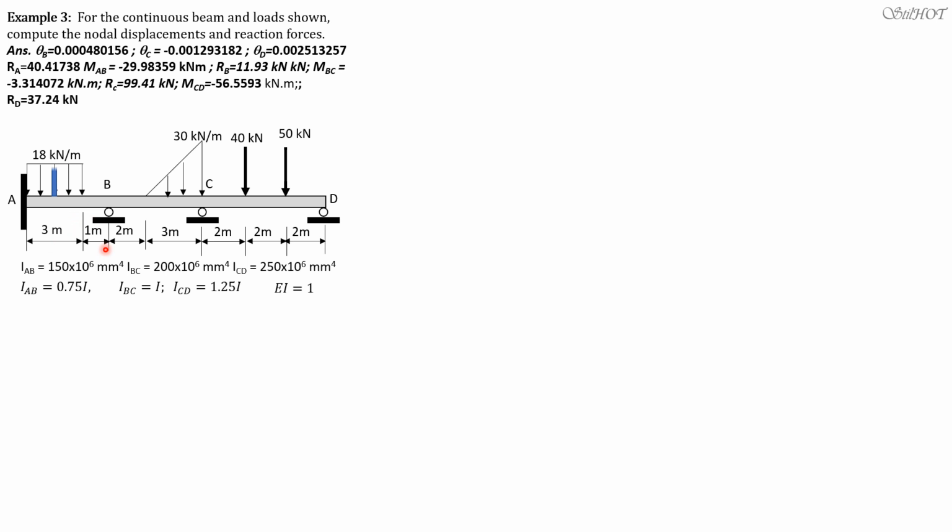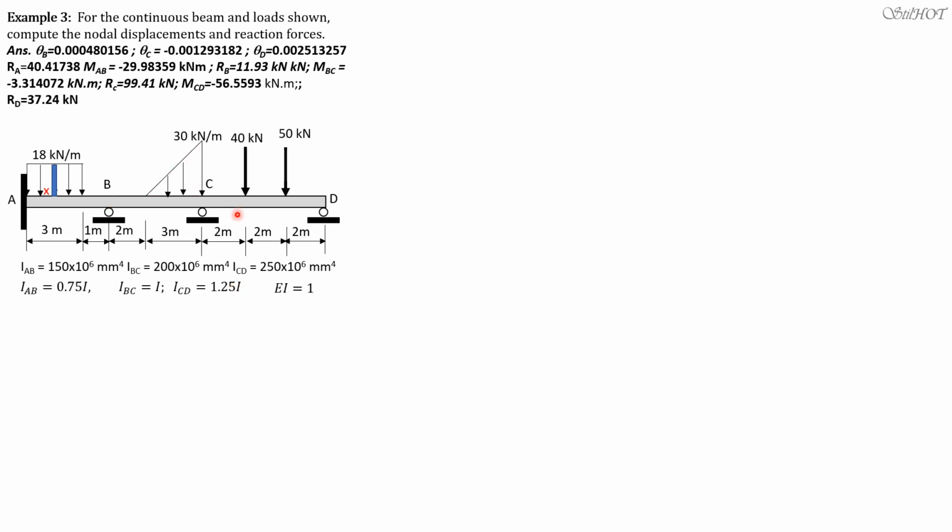So let's consider the strip in computing for the fixed moments of AB. There's no problem. It's just 18 dx. Our x is measured from A to the centroid of that strip. Therefore, the distance of the centroid of the strip from B is 4 minus x.